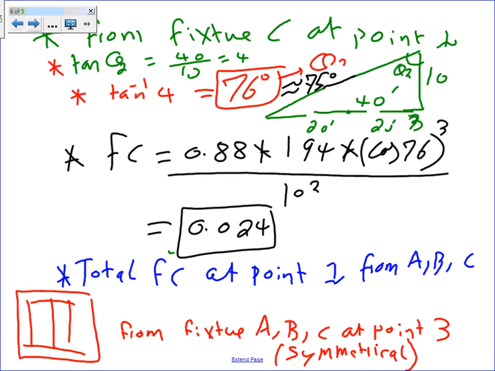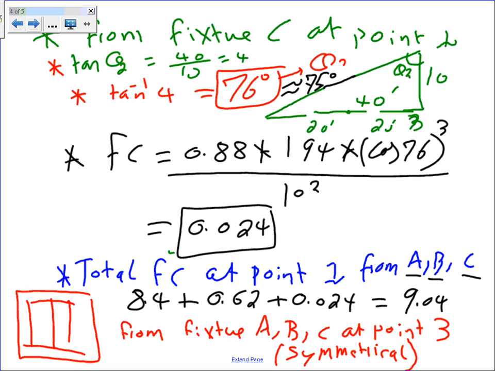So the total from fixture A, fixture B, and fixture C at point 1, piece of cake. Then we take the contribution from fixture A, which was 8.4, plus the contribution from fixture B, which is 0.62, plus the contribution for fixture C, which is 0.024. If you add them all up, you're going to end up with 9.04.